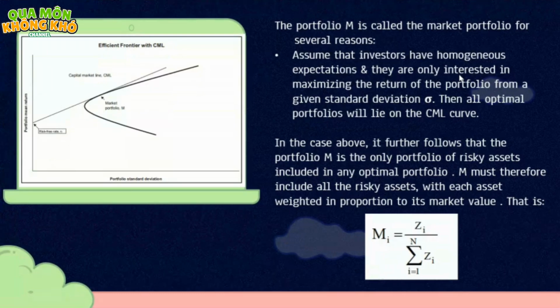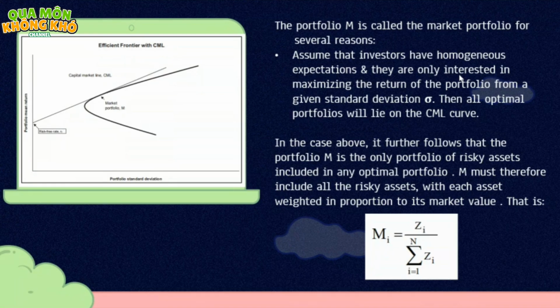Assume that investors have homogeneous expectations and are only interested in maximizing the return of the portfolio for a given standard deviation. Then the optimal portfolio will lie on the CML.